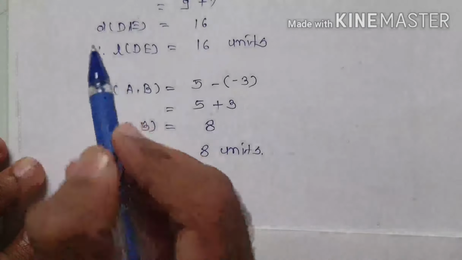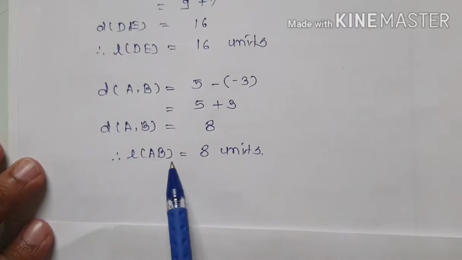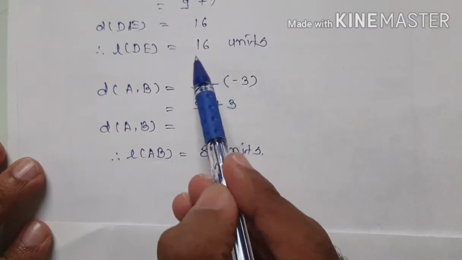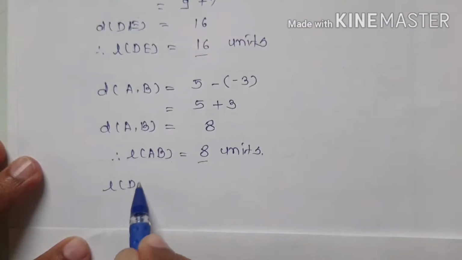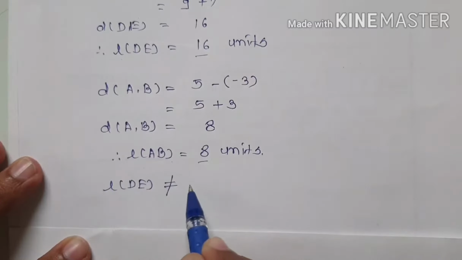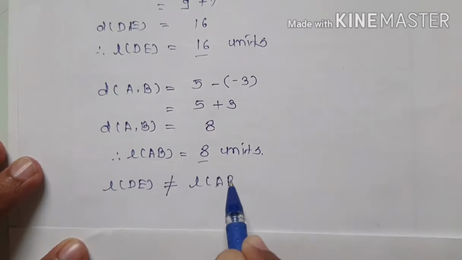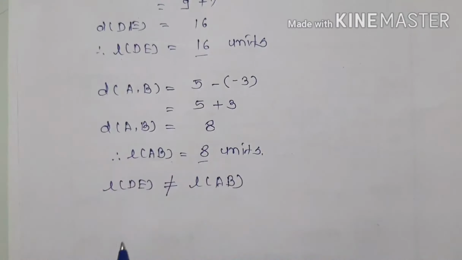Now we can compare the length of segment DE with the length of segment AB. As we can see here, these lengths are not equal. The length of DE is 16 units and the length of AB is 8 units. That means the length of DE is not equal to the length of segment AB. That means these two segments are not congruent.